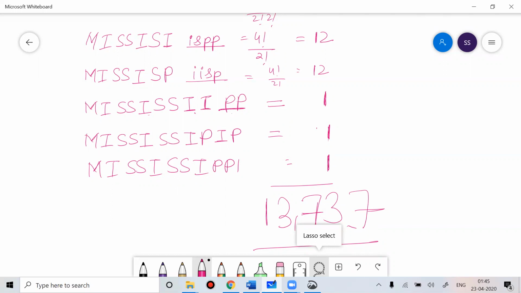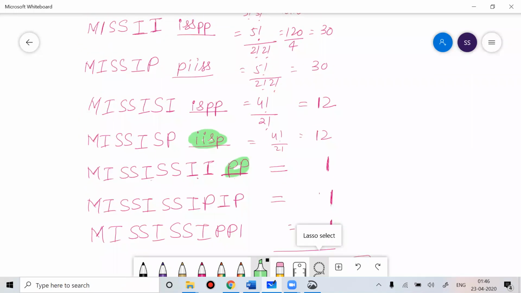These 2 P's are left here. So you can color them. These are left here.